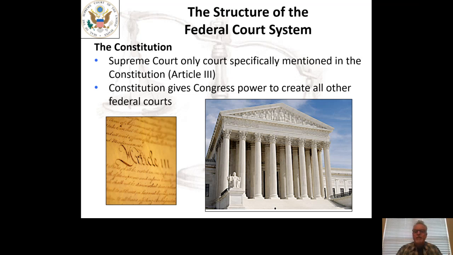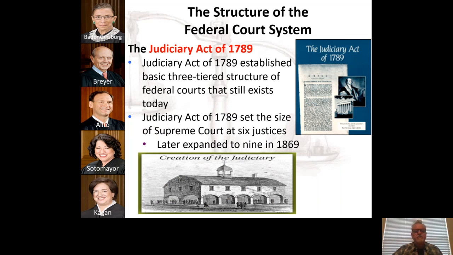So the Supreme Court is really the only court in the diagram we previously looked at that is mentioned in the United States Constitution in Article 3. And the power to create a court system is granted to the legislative branch, to our Congress.